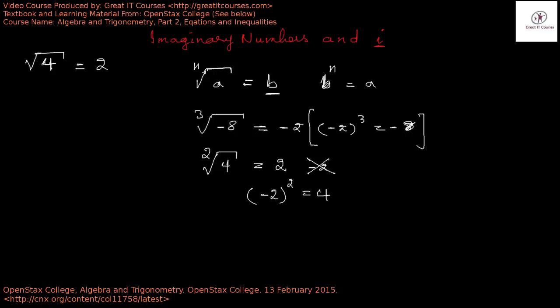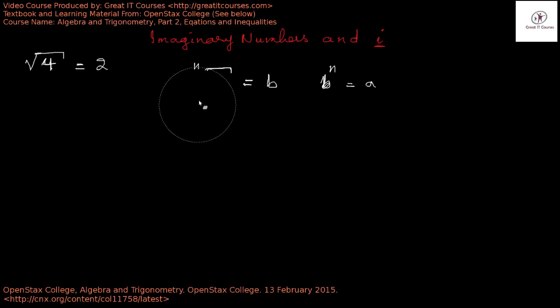So that was all good, and we had no problems there until we came across some problems where this principal square root definition created some problems for us. Let's say you are solving some quadratic equation.